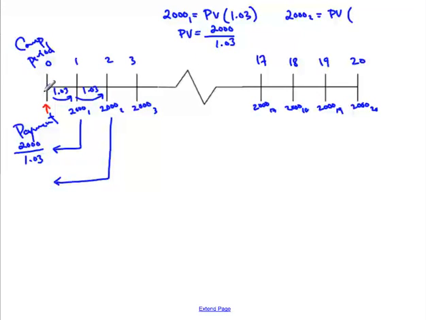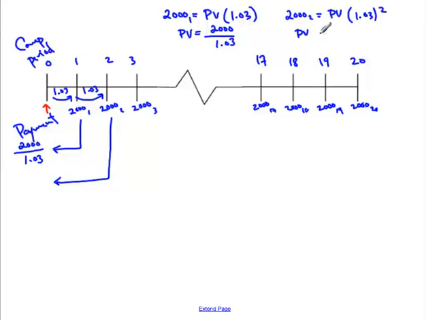Again, the amount of money I put in now, if I think of it as being marked for this $2,000, is going to get multiplied by 1.03 in the first compounding period and 1.03 in the second compounding period, or multiplied by 1.03 squared. So this calculation is the one I would do to work out the present value of $2,000 in this account 2 compounding periods from now.